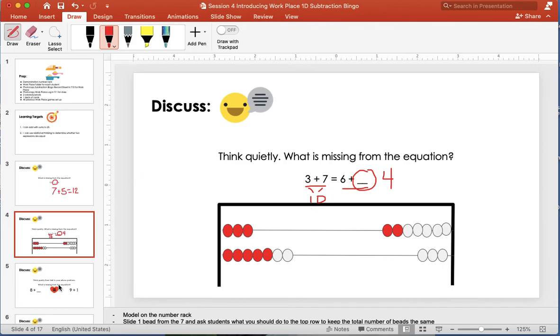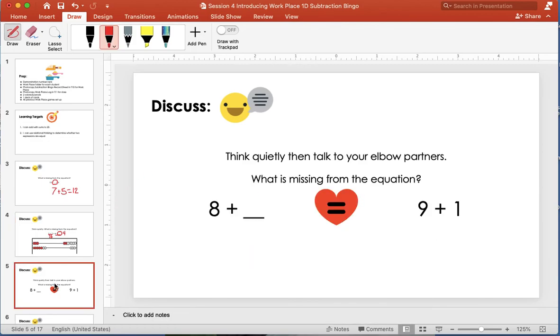Okay, let's look at another one. So, what is missing from this equation? So I have 8 plus blank equals 9 plus 1. So obviously, again, I'm missing this number right here. So I want to know what 9 plus 1 is, and I'm going to say it is 10.